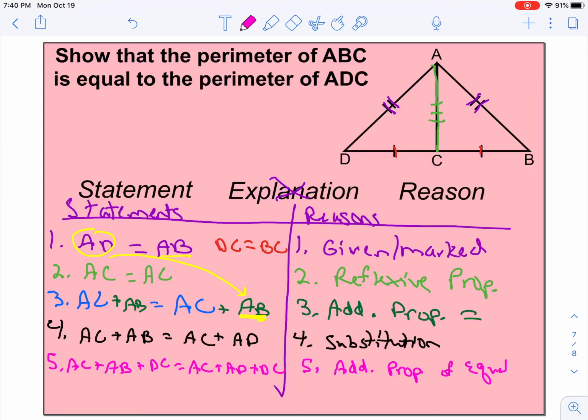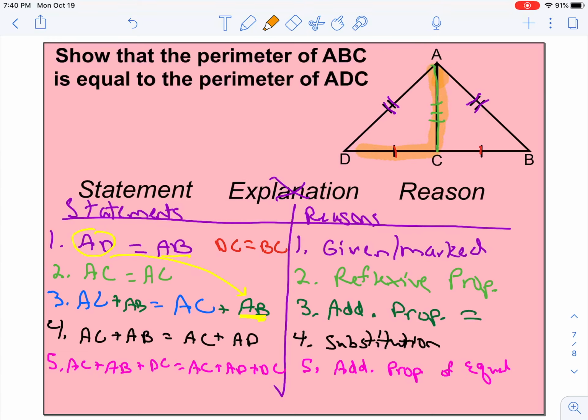Now, you might be saying, how do you know which things to add? Well, I'm trying to get the perimeters. And so when I'm trying to get the perimeters, I'm trying to get these three all together, added together. Right now on this side, I have one of the perimeters already. I have AC, AD, and DC.